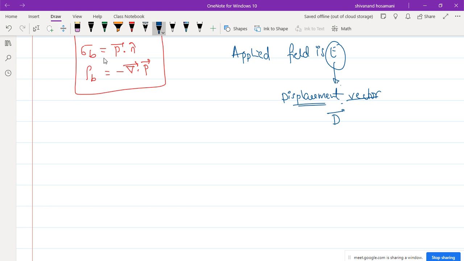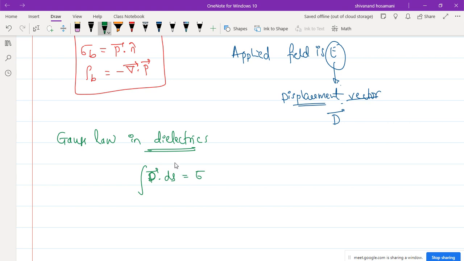So Gauss law in dielectrics is given by the integral of d vector dot ds is equal to q, that is q free.